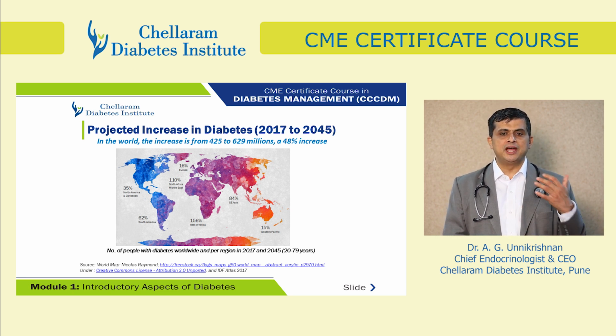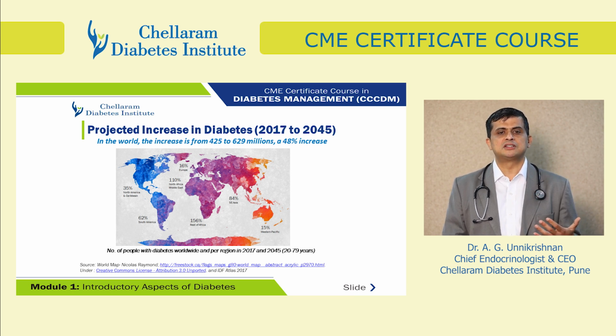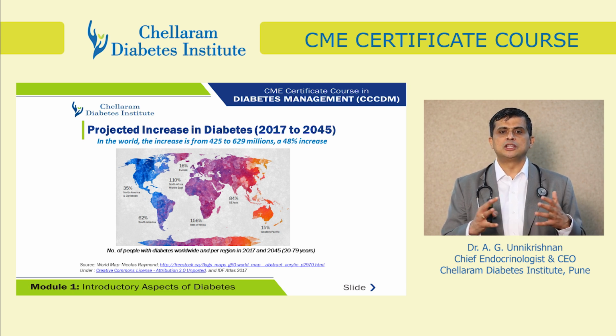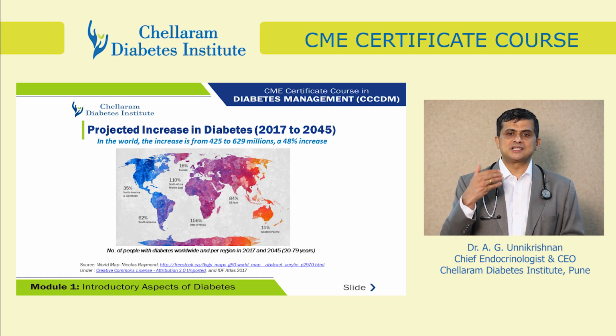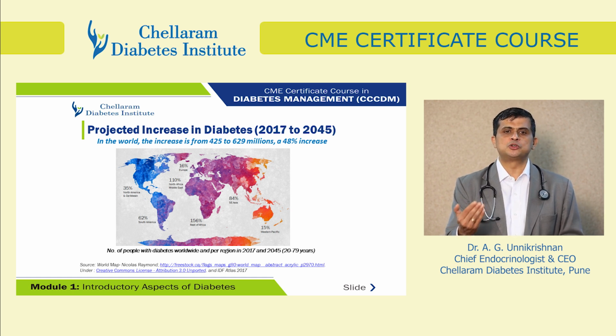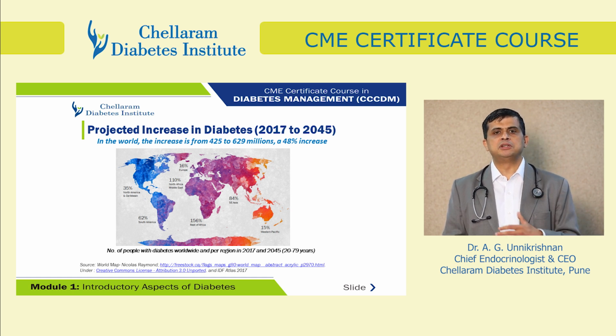And if you look at where the increase is coming from, about 156% is coming from the rest of Africa, which excludes North Africa and parts of the Middle East close to Africa. 84% is the increase that's going to be seen in Southeast Asia, and 62% is the increase in diabetes that is going to come from South America, and from North America and the Caribbean the increase is going to be 35%.